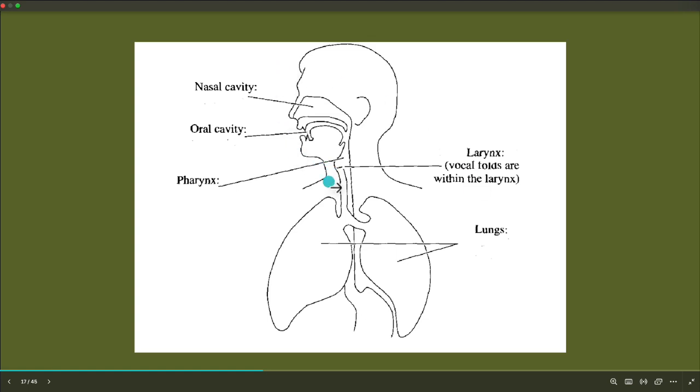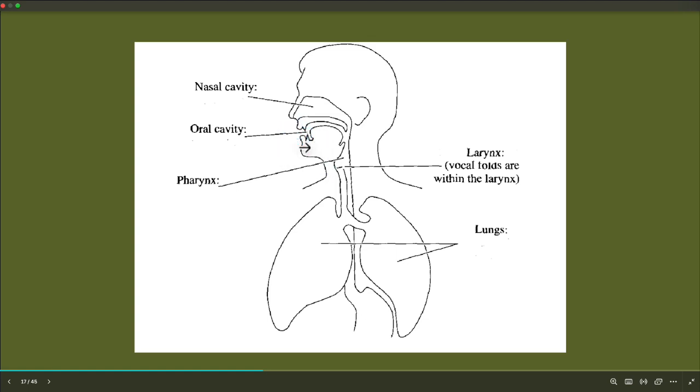Now, how about the pharynx? The pharynx is like a resonating chamber. It amplifies and modifies the sound produced by the vocal folds. It's like the body of a guitar that amplifies the sound of the strings. The size and shape of your pharynx can influence the quality of your voice. Now, moving on to the oral cavity.